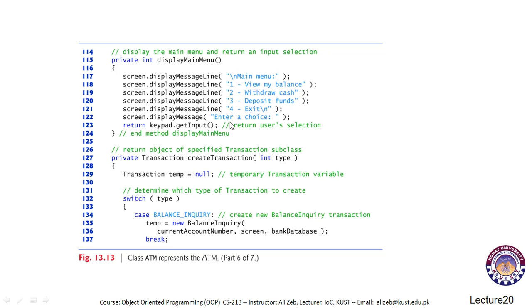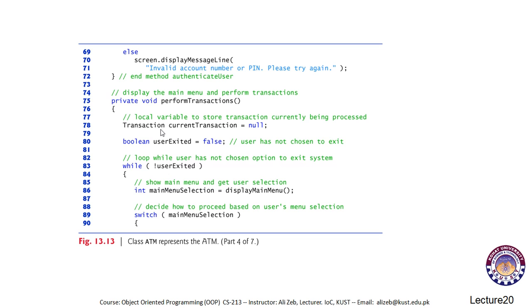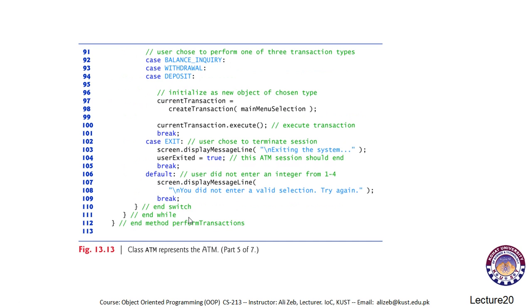The user enters a choice, we get that choice and return it to where we have called our display menu method, and the choice is stored in this variable. Whatever the choice of the user was, we check that through the switch statement.